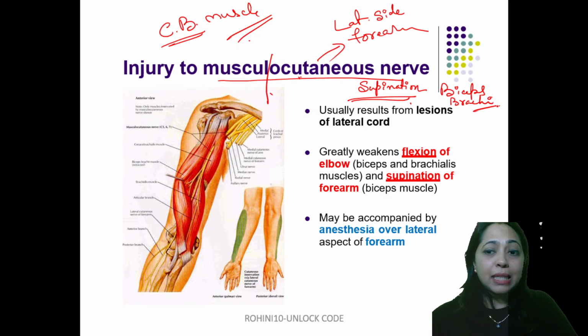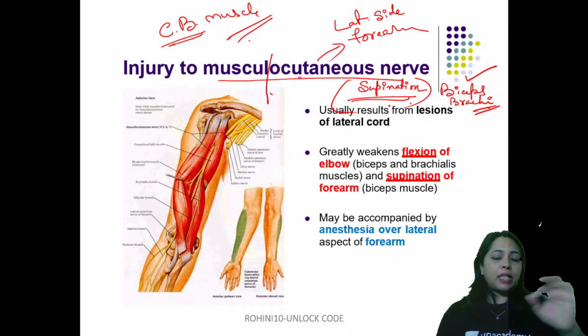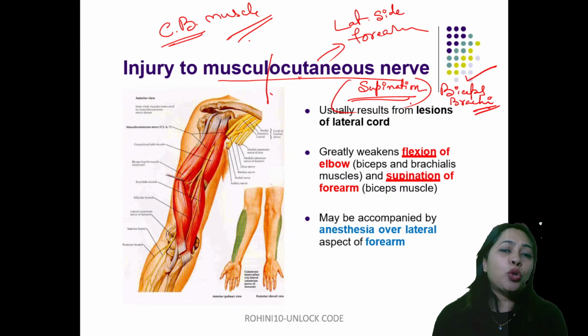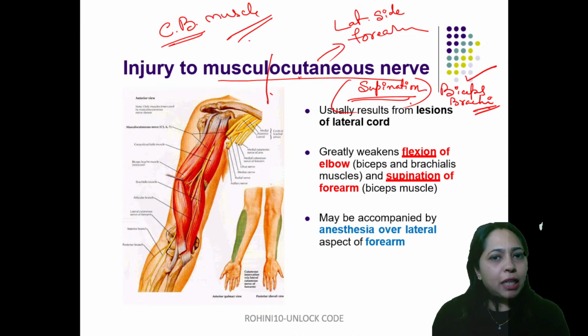It is the accessory muscle for supination. That's why when this is affected, obviously the action is also affected to some extent. That's why the person may show affected supination along with the affected flexion of the elbow. Okay.